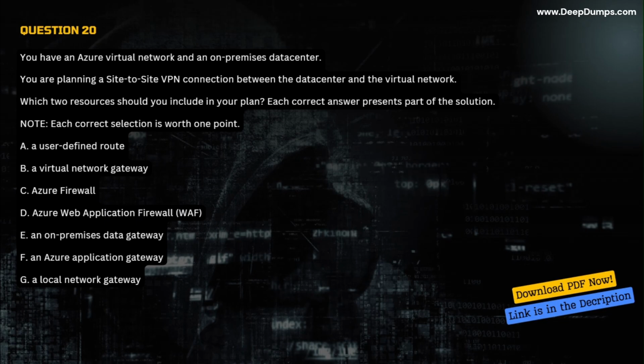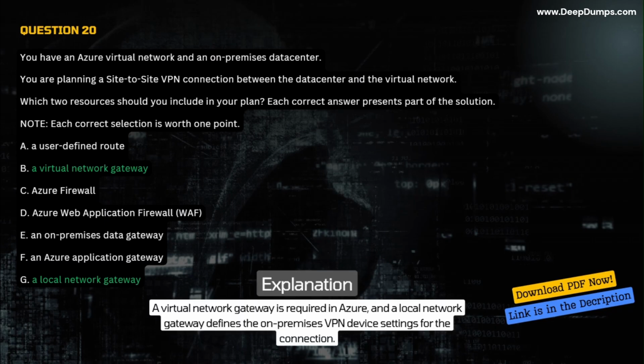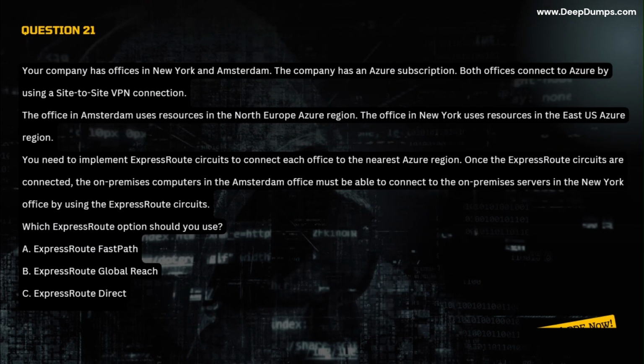D. Azure Web Application Firewall, WAF. E. An on-premises data gateway. F. An Azure Application Gateway. G. A local network gateway. Correct answer: B and G. A virtual network gateway, a local network gateway. Explanation: A virtual network gateway is required in Azure, and a local network gateway defines the on-premises VPN device settings for the connection.